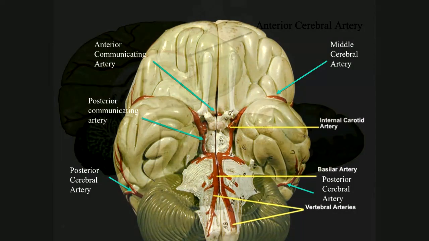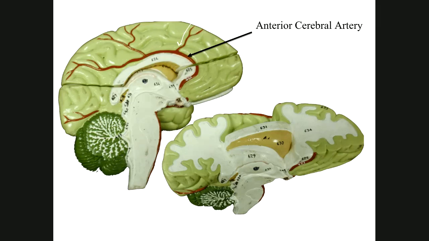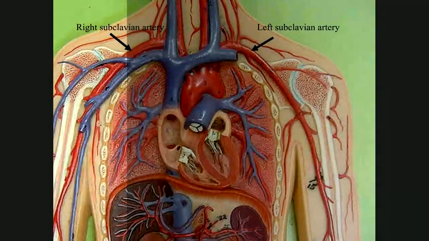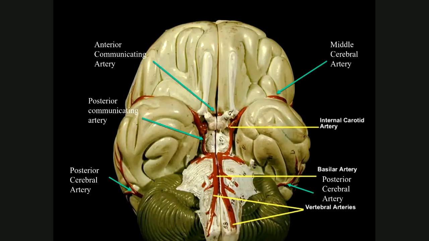The anterior is in this middle or medial part of the brain. The middle runs on the outside. There's the middle. There's the middle. And then there's the posterior, which also runs on the outside. Any questions?